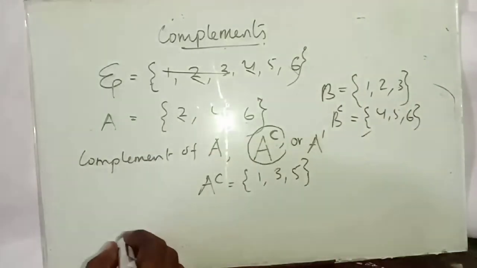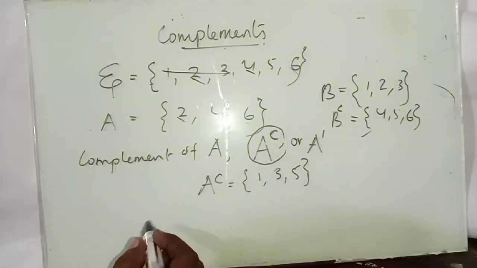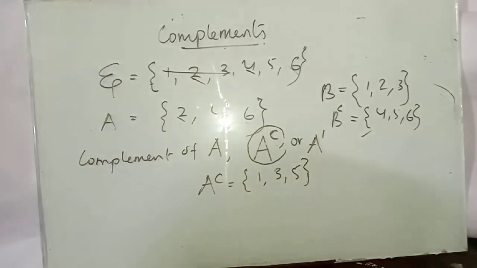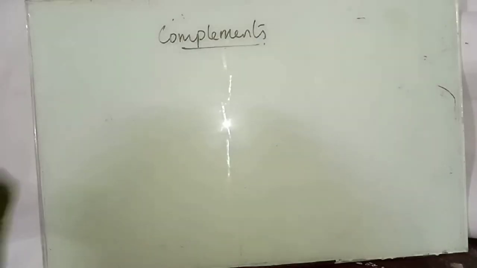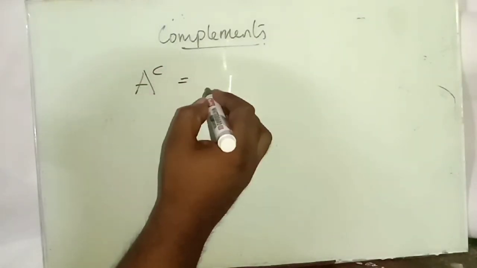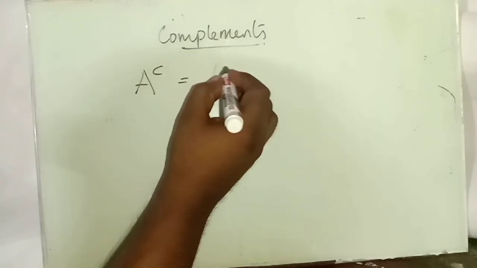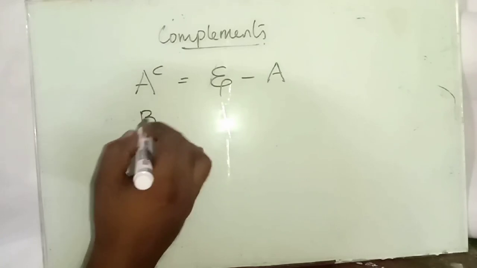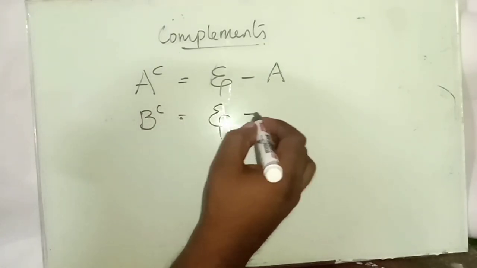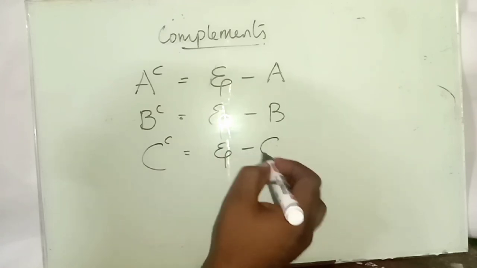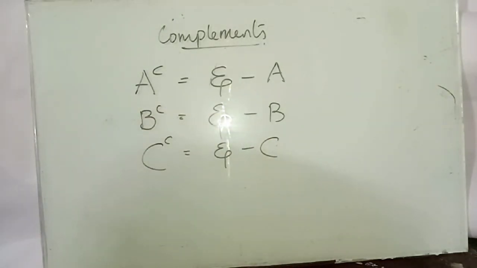That is known as the complement of set B. So here we can make a general definition: if A is a set, then its complement, A complement, is universal set minus A. B complement is universal set minus B. C complement is universal set minus C. Here minus stands for delete.